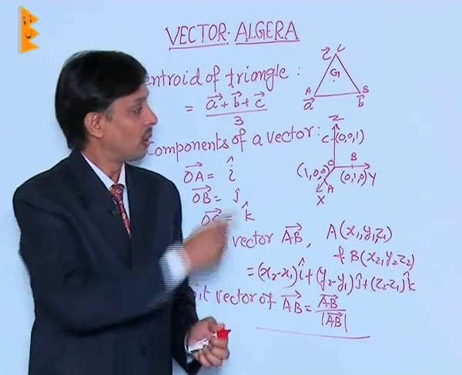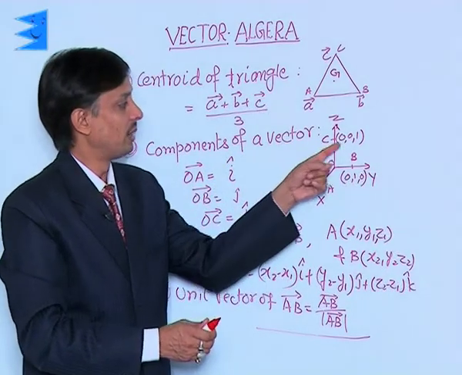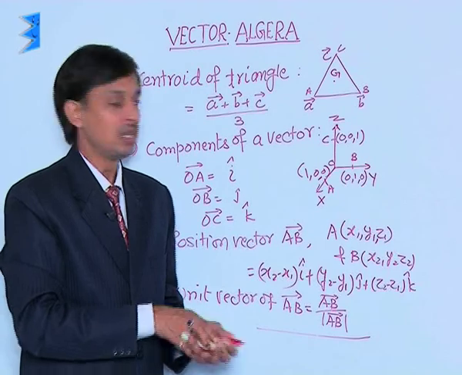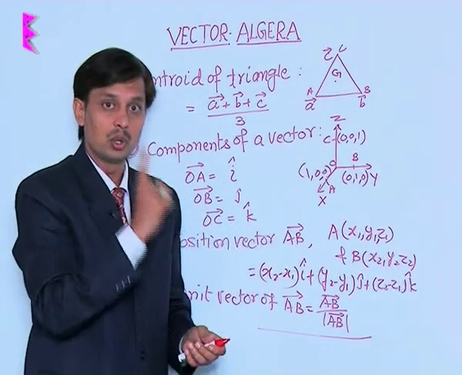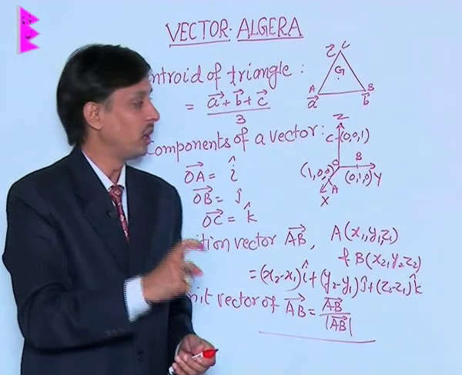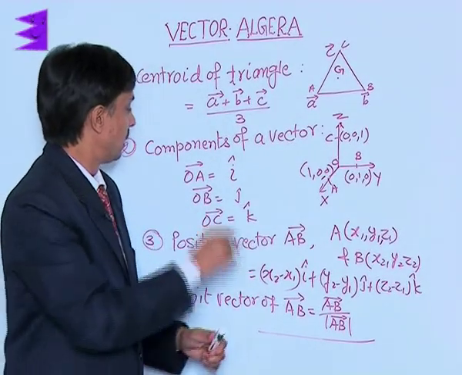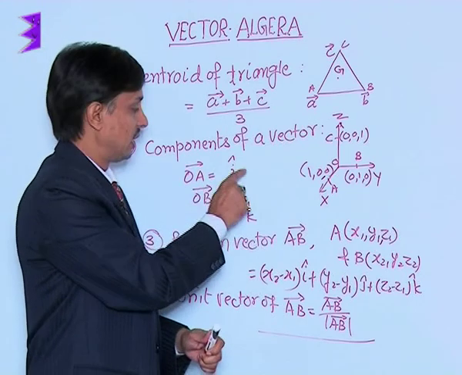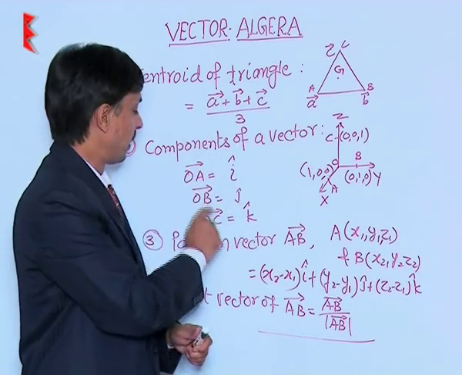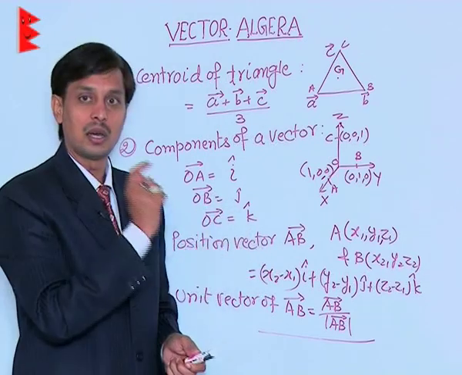Now for the z-axis, we have 0, 0, 1, the reason being that on the z-axis, x is 0 and y is 0. OC is the length of the unit vector towards the z-axis. So you can say the vector OA is i cap, the unit vector OB is j cap, and OC along the z-axis is k cap.